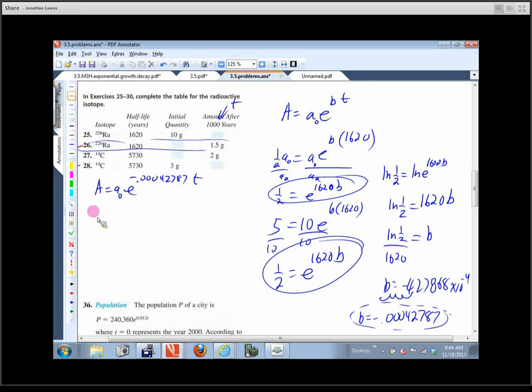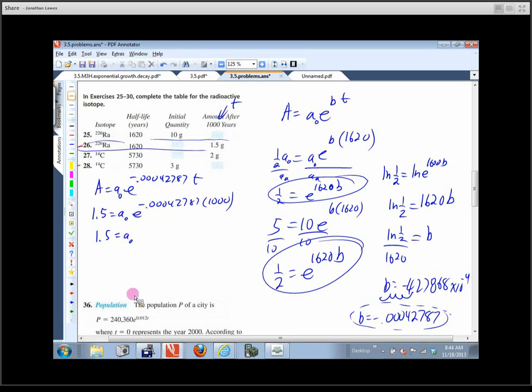So I'm going to put a 1.5 here. This is an A naught. This is e to the negative 0.0004277. And then how many years go by? 1,000. So that's going to be 1.5 equals A naught.